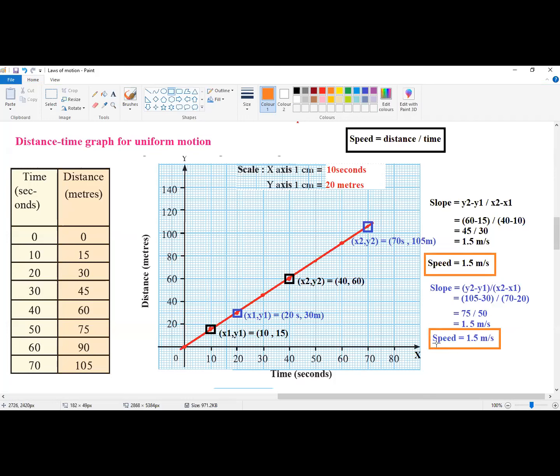Okay, following this? Yes, sir. This is all about the distance time graph for uniform motion. Now what about non-uniform linear motion? Non-uniform motion, not a linear one, but non-uniform motion. So let's go through that graph as well.